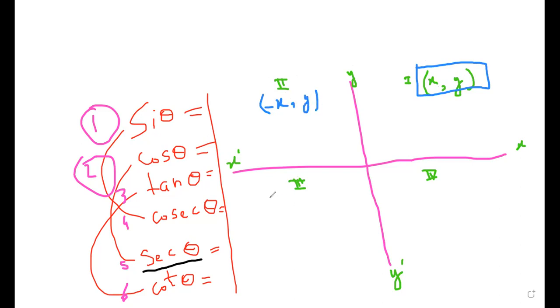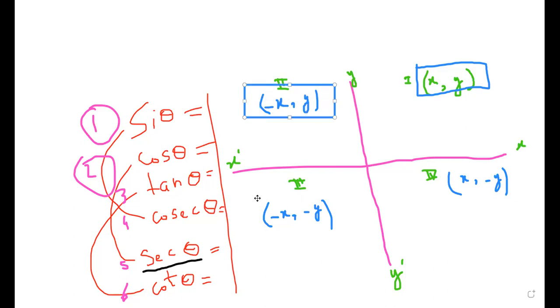Similarly, here x is negative and y is also negative, so our point will be minus x and minus y. Similarly, x is positive and y is negative. These are the points in the first, second, third and fourth quadrants.